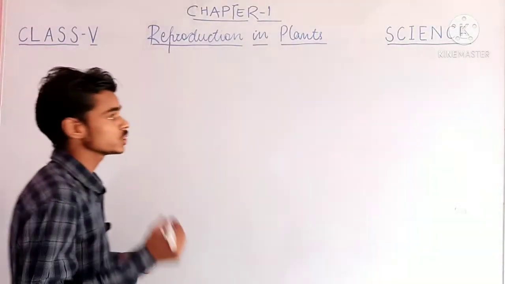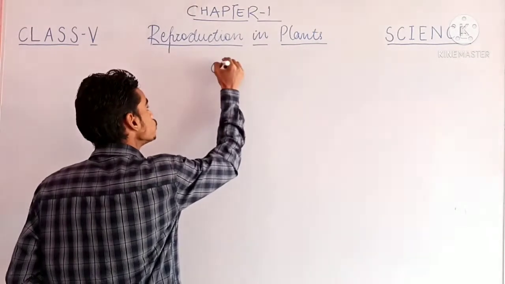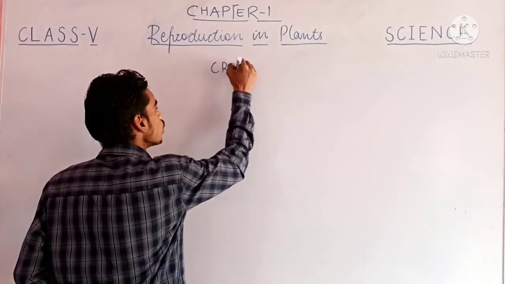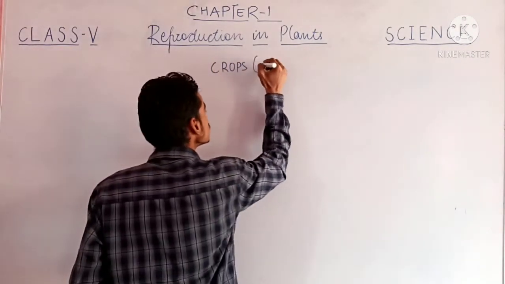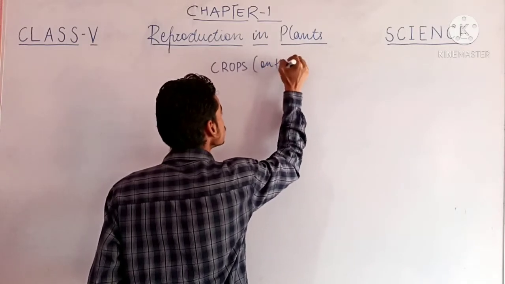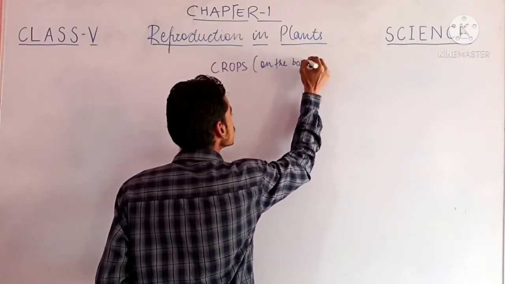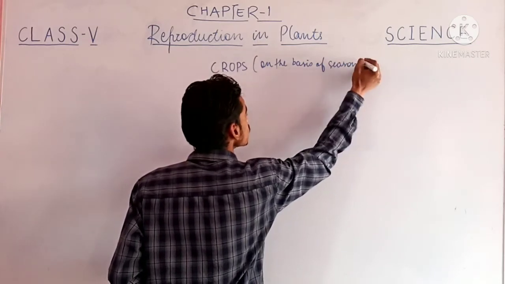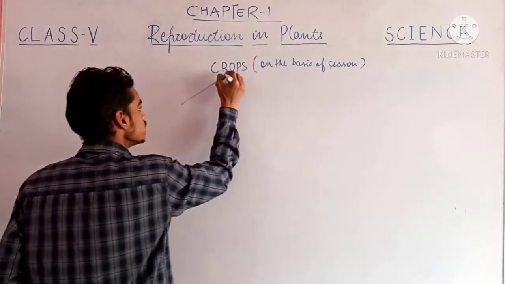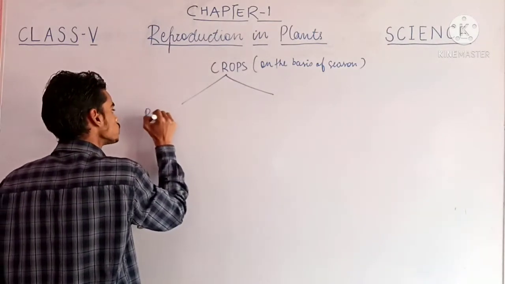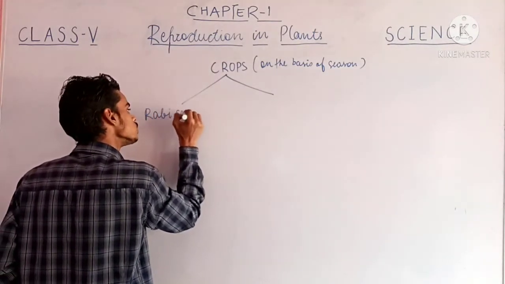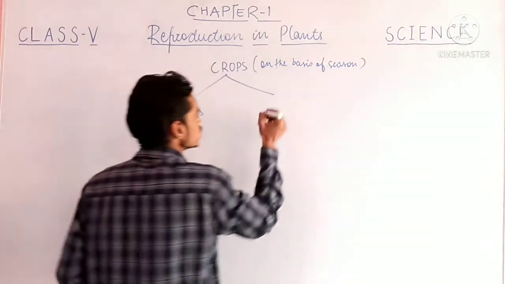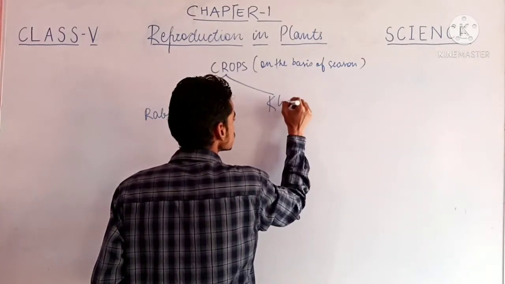On the basis of the season, crops are divided into two categories, that is Rabi crops and Kharif crops.